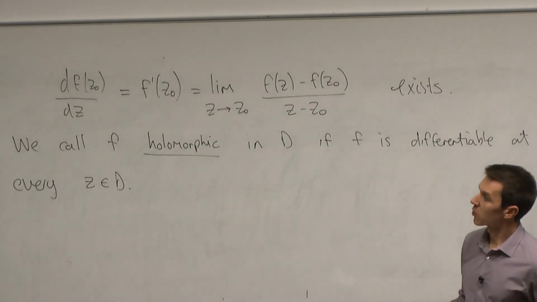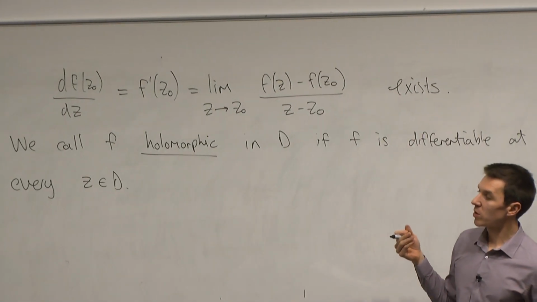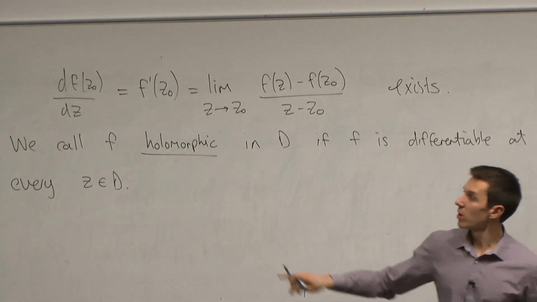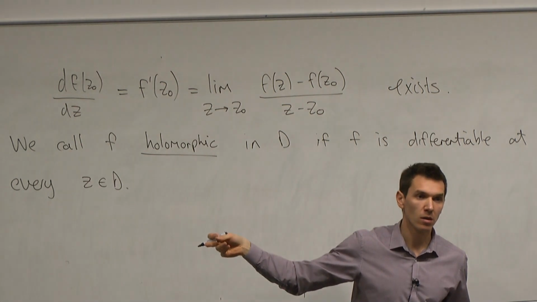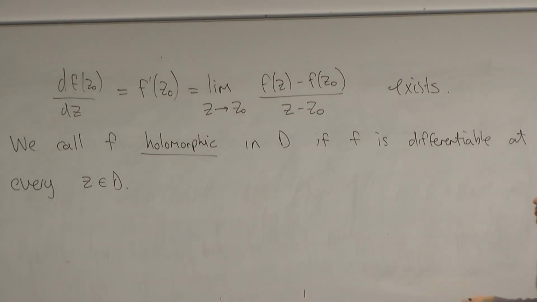Okay? So we use the term differentiable at a point, holomorphic if we've got differentiability at every point in the domain. Okay? If a function is differentiable on the whole of C, we call it entire.